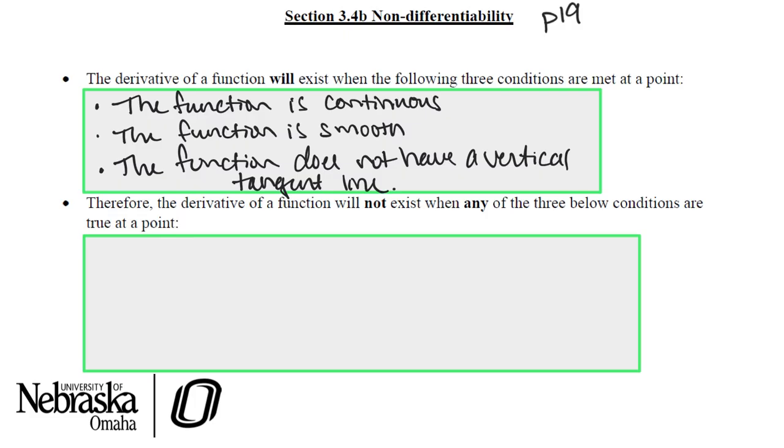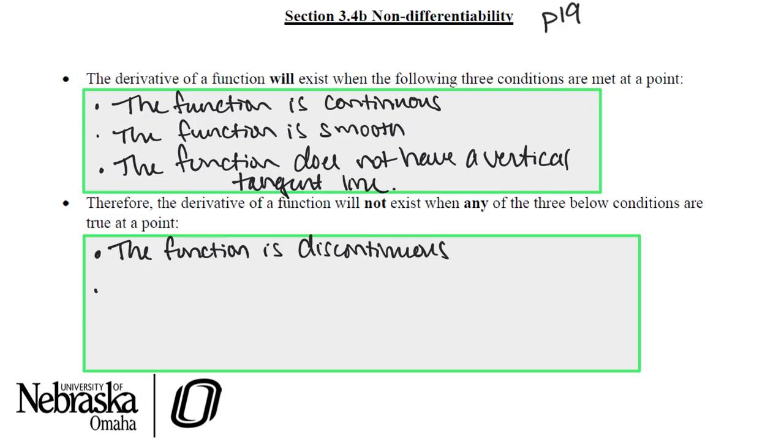The second part says, therefore, the derivative of a function will not exist when any of the three conditions are not true at a point. Very similar to the last, except we're kind of saying the opposite. So it will not exist if the function is discontinuous.